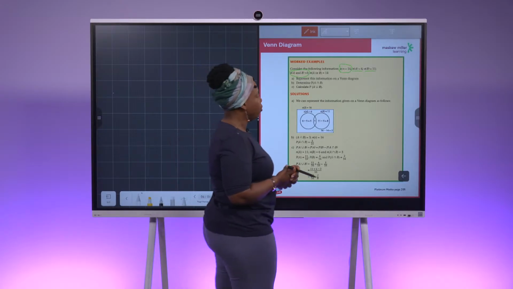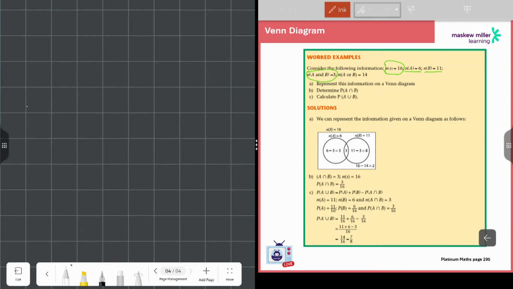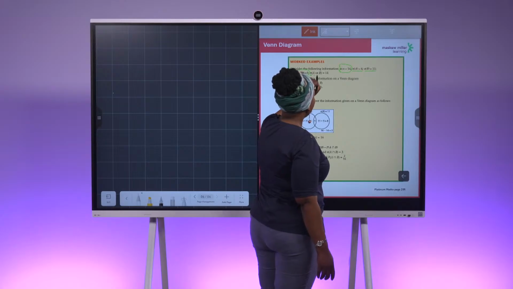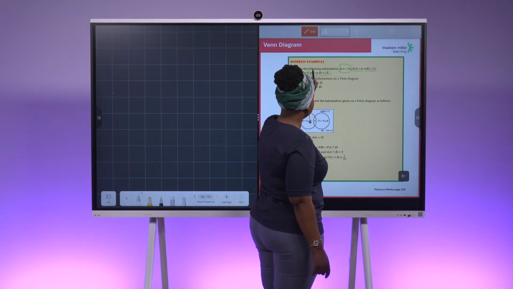Which simply means that if I have 6 here, then 3 is still here. If I have 11 here, then 3 is also coming out of that. And the last one we are given is that the total number of A or, which we said is a union, B will be equal to 14.